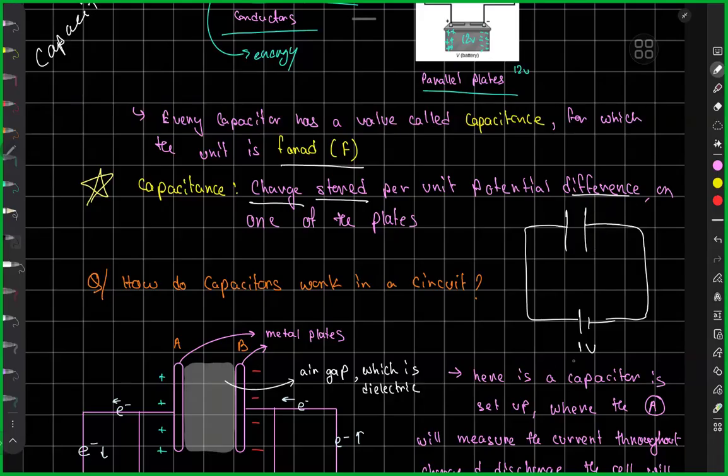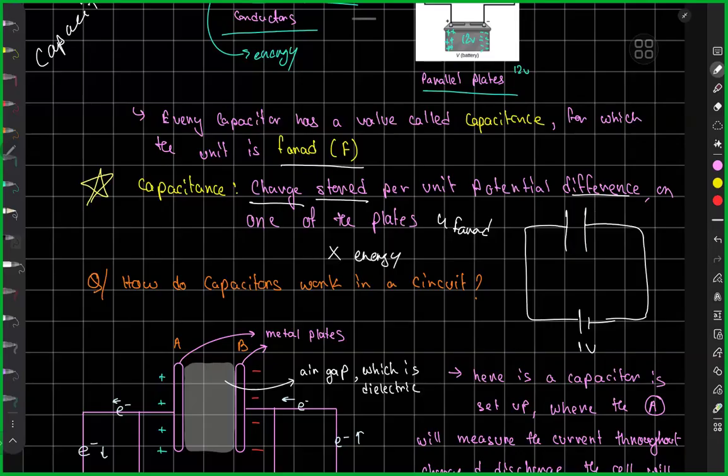With 1 volt supplied, if it separates 4 coulomb of charge, that means, let's say its capacitance value will be 4 farad. That means it can only store, let's say, X amount of energy. I don't know the value, I'm just saying.